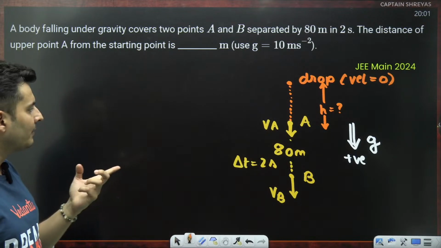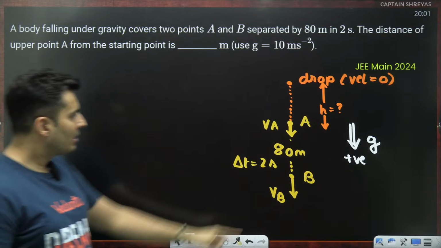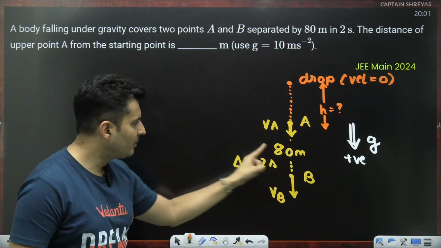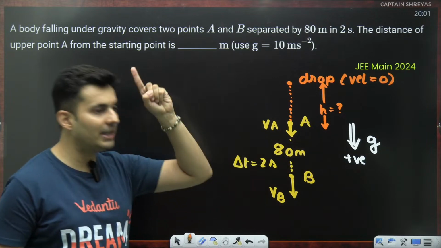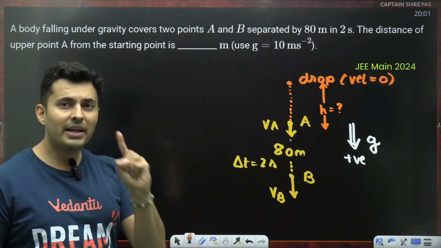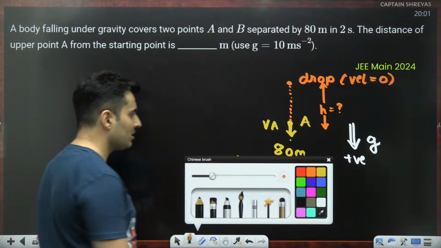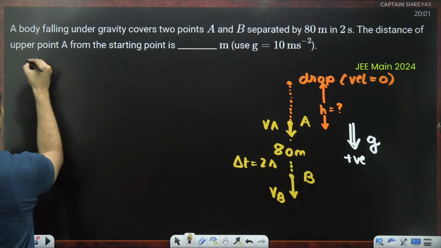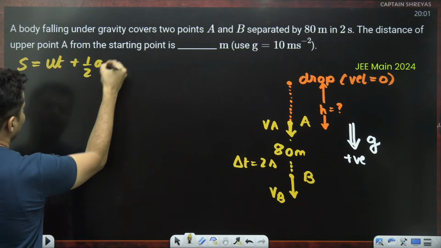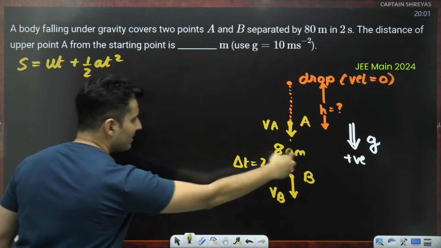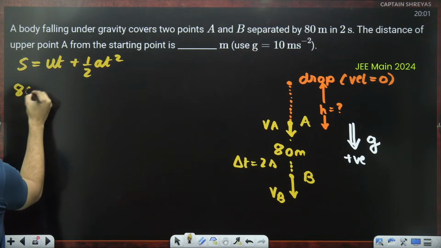To find VA, just for this part, displacement is known, time is known, acceleration is known, initial speed is not known at point A. Maybe I can use the second kinematic equation. S is equal to ut plus half at squared. Displacement, with down positive, is plus 80.